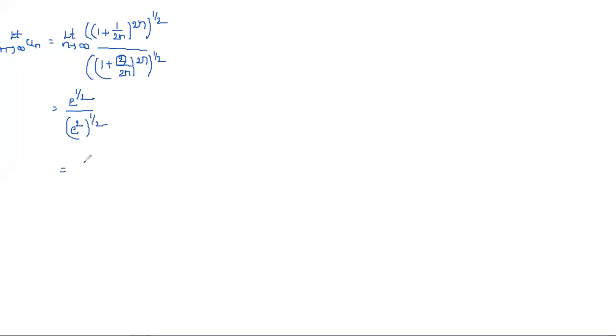So we get e power 1 by 2 by e, which is e power 1 by 2 minus 1, that is e power minus 1 by 2.